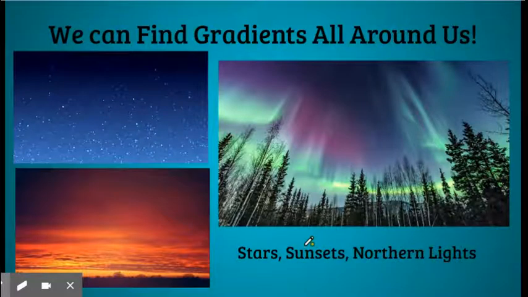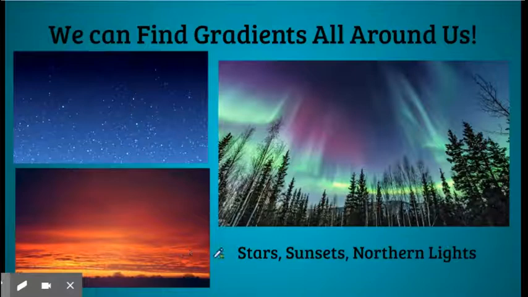So, let's take a look at a few of these pictures of our sky and look to see how the gradients are changing. This first one down here, it looks like it's of a sky maybe during a sunrise or a sunset. And we see the gradient with a really light yellow and a light orange and how it changes.